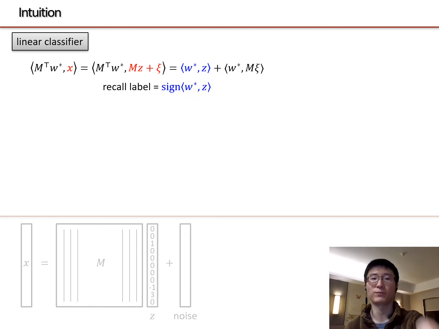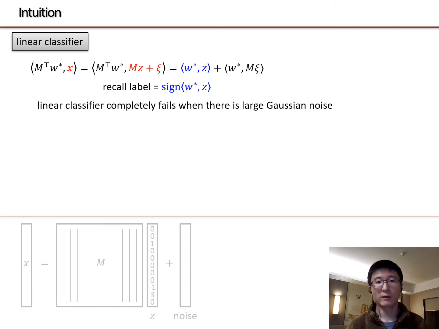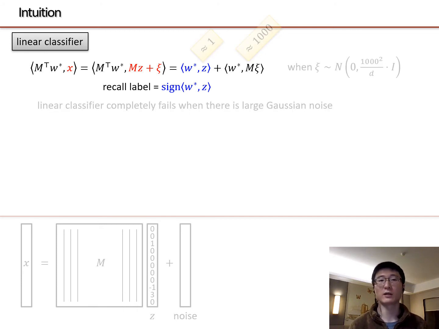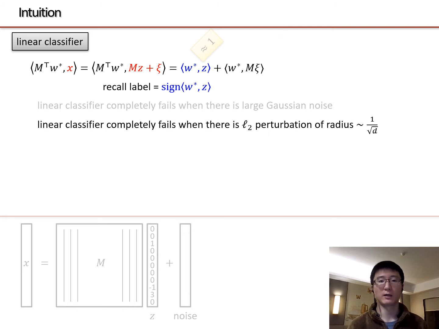So now let me claim that the linear classifier is bad for at least 2 reasons. Number one, if we have a large Gaussian noise, then this noise part can be as large as say 1,000, then they can just dominate the main signal part. So that's one reason the linear classifier is bad. But even if you don't have Gaussian noise, I claim that it's also bad against L2 perturbation, even just by a very small radius, like 1/√d.